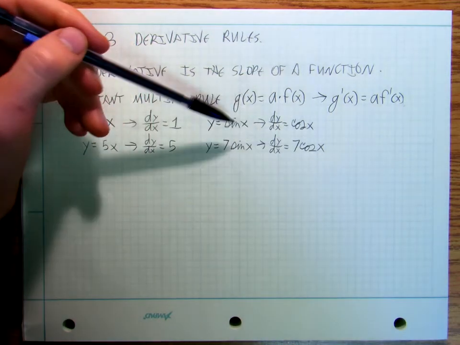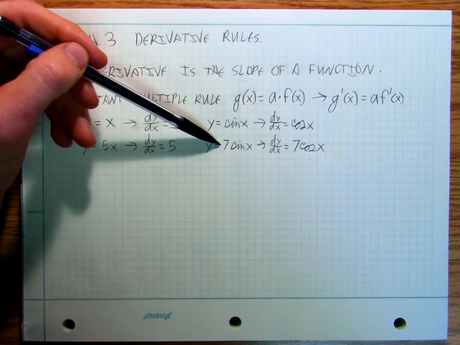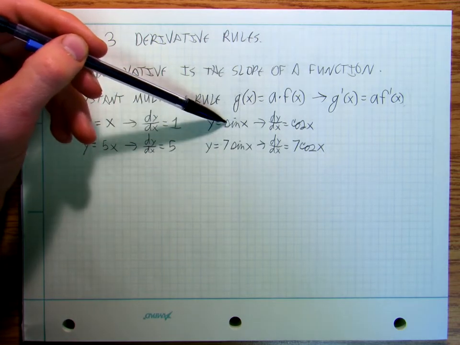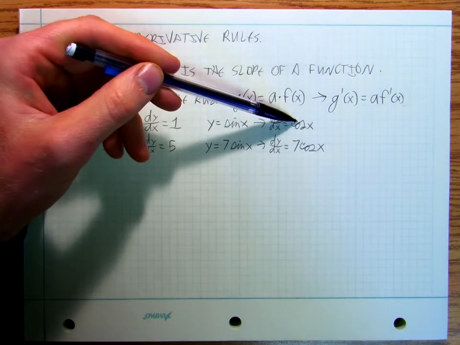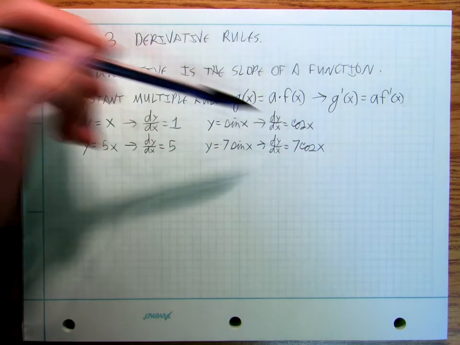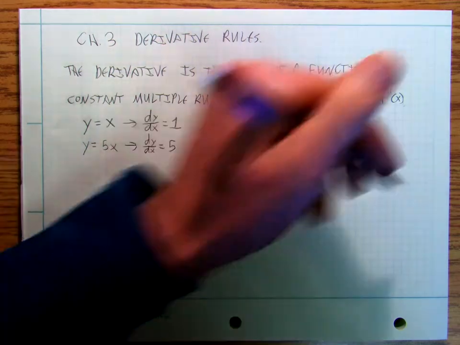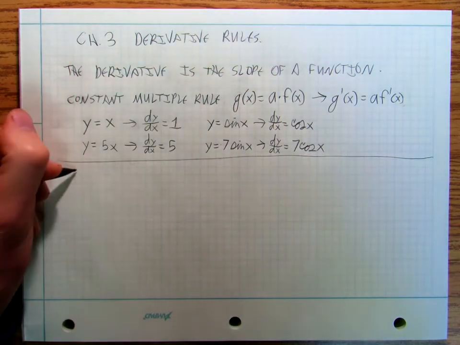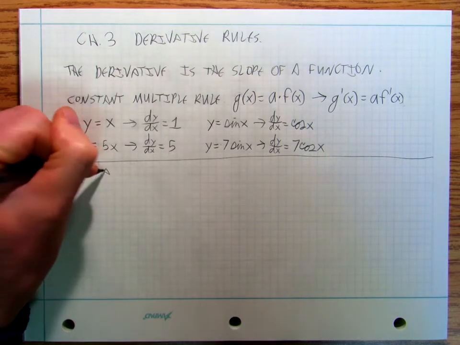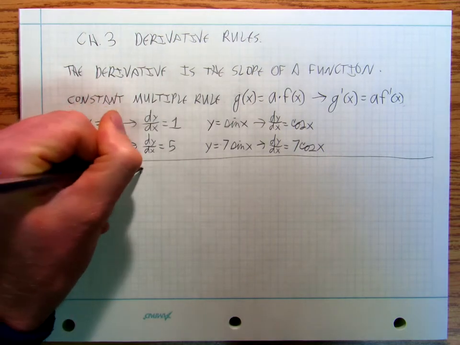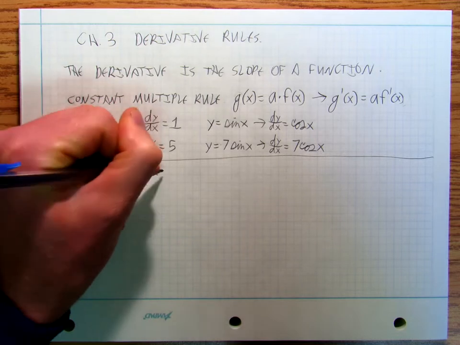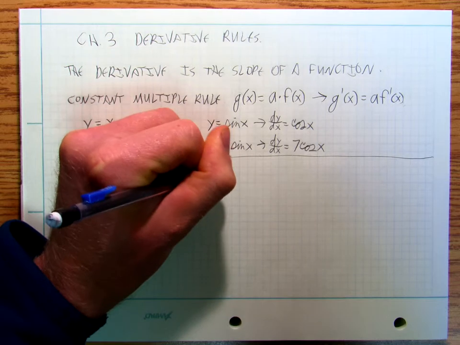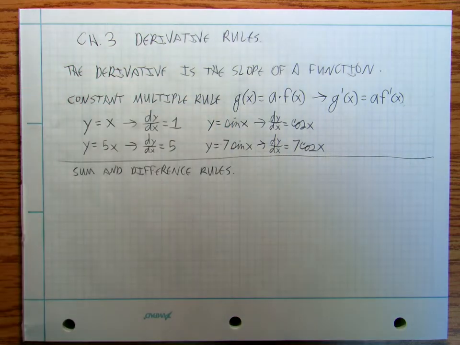So if I take a function and I multiply it by a constant, then to find the derivative, all I do is take the derivative of that function and then multiply it by that same constant. That's as much as I'm going to say on that. Then we've got the sum and difference rules, which I also never really had a problem with anybody understanding.